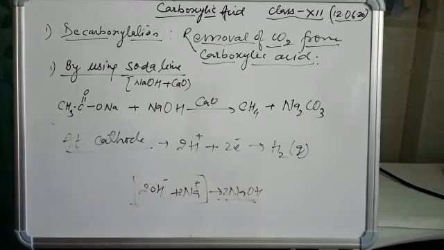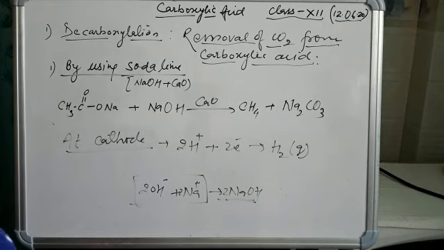So in this way, in the Kolbe's electrolysis method, we see how carbon dioxide is released during the reaction. So decarboxylation is one of the important reactions of carboxylic acid.